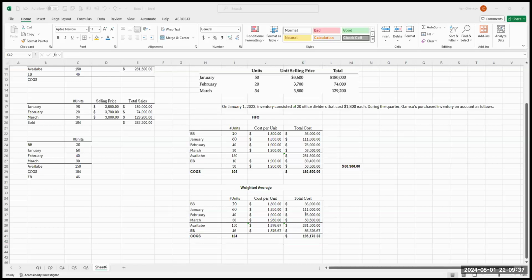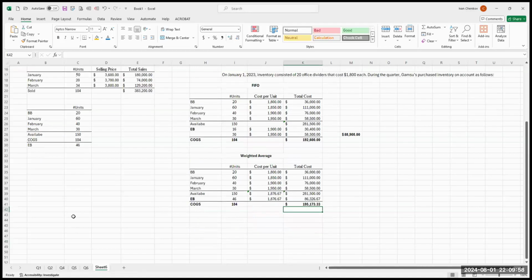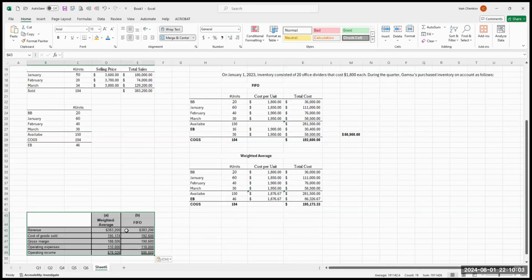After that, I have to do the income statement, which should be very straightforward, consisting of revenue, cost of goods sold. I'm going to copy this because this video is getting too long, and I'm going to flip to the Excel spreadsheet and show it to you right here so you can see it. My revenue here is the same that I calculated for my sales.